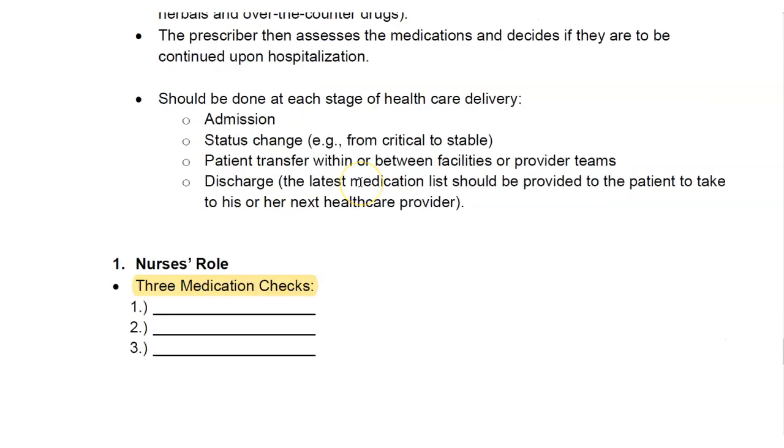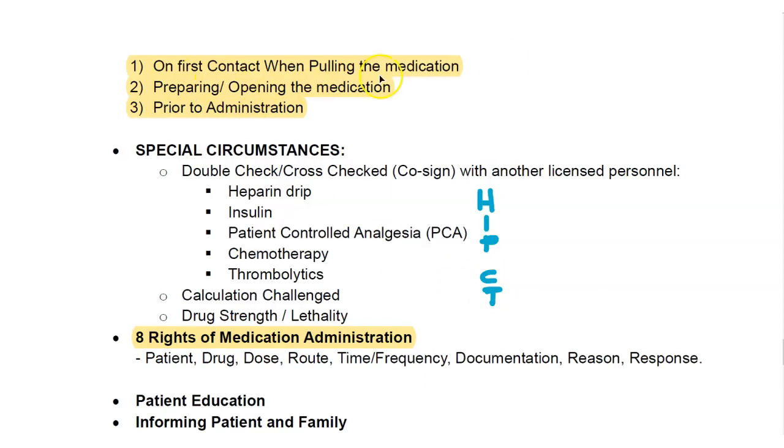All right, I think at one point I mentioned the 3 medication checks. Please memorize this. You will see this often, right? There are 3 medication checks that you have to remember. Number 1 is during first contact, when pulling the medication, as you're pulling it out from the drawers or the medication dispensing machine.